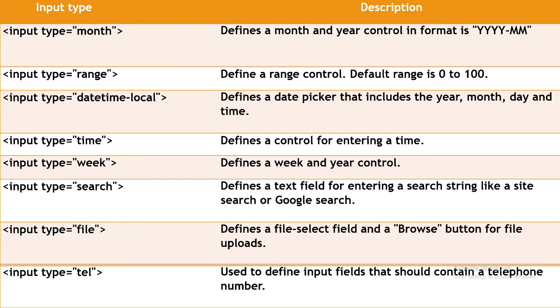Next field is input type is equal to file. This field defines a file select field and browse button for file upload. Next, input type is equal to tel, used to define an input field that should contain a telephone number.